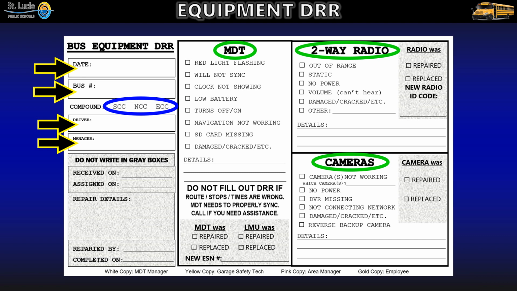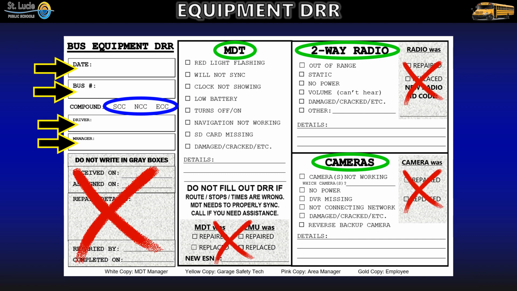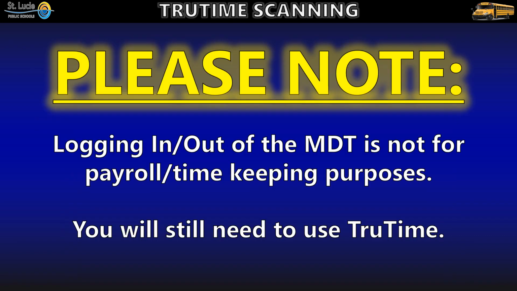This helps us assign technicians to complete the repairs. Also, please do not mark in any of the gray boxes, as those are for the repair notes. Please note, logging in and out of the MDT is not for payroll or timekeeping purposes. You will still need to scan in on true time.